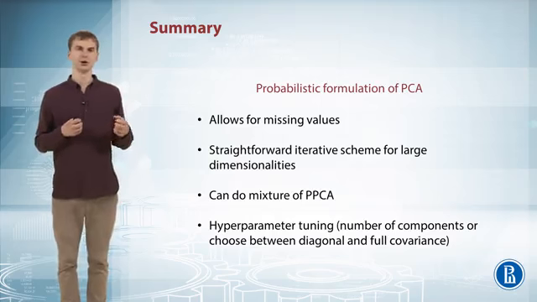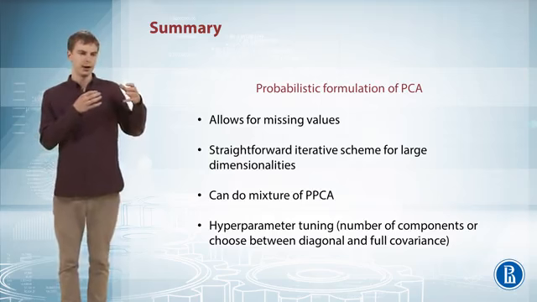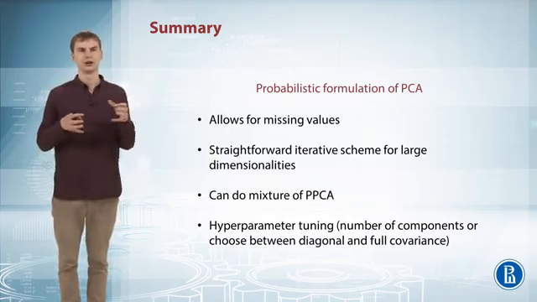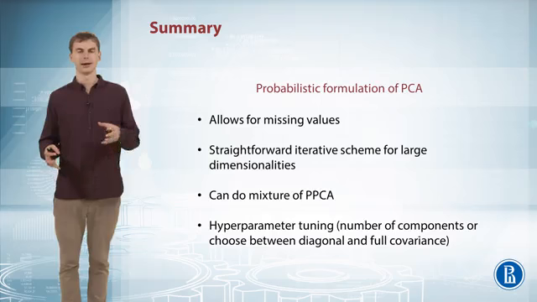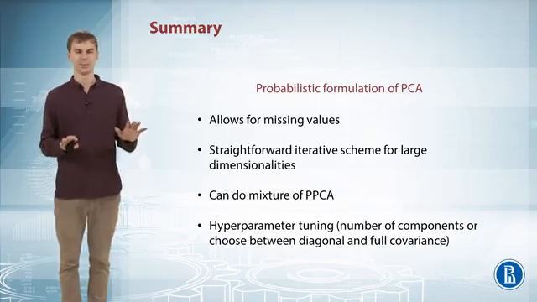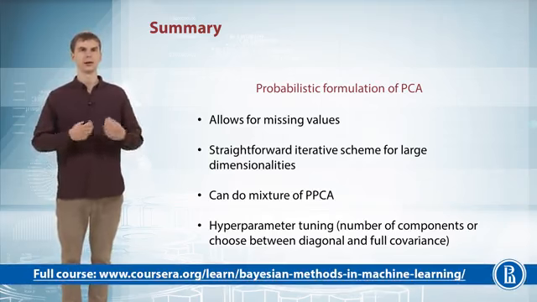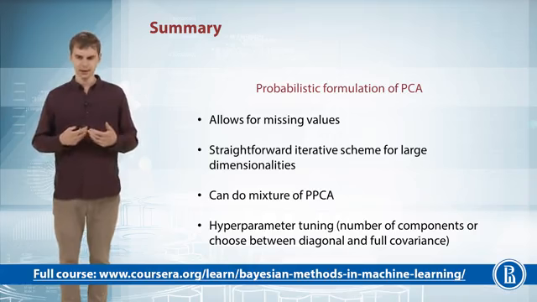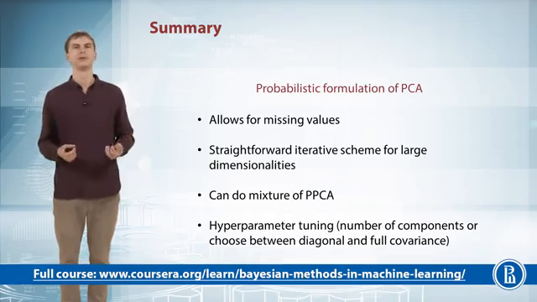For example, you can choose between using the full covariance matrix sigma and using just a diagonal approximation of that. They have very different numbers of parameters. And you can choose between these two by just considering the log likelihood on the validation set. And in principle, you can improve your solution to this unsupervised problem.